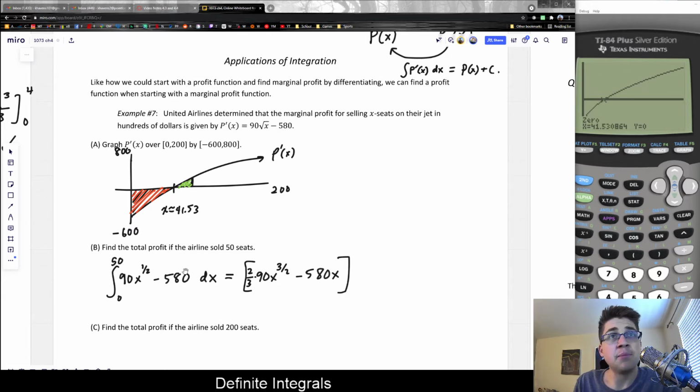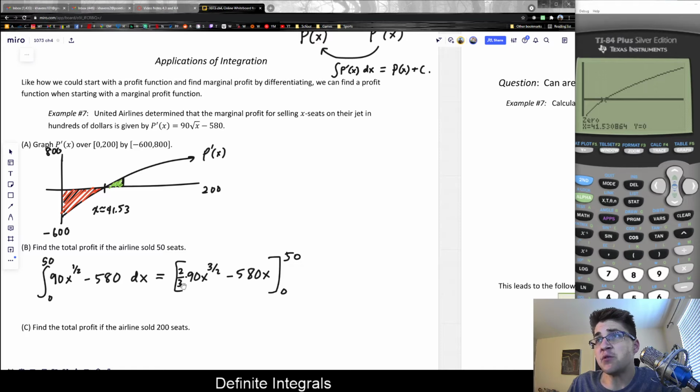And remember, we don't need plus c because this integral is a definite integral. And then I need to evaluate this from 0 to 50. So we plug in 50 first. Also notice that 0 will give me 0 here, so I could just skip this because it will be whatever 50 is upon plugging in, minus 0. So we're going to have 2/3 times 90, which is just 60. And x to the 3/2 is just the square root of x cubed.